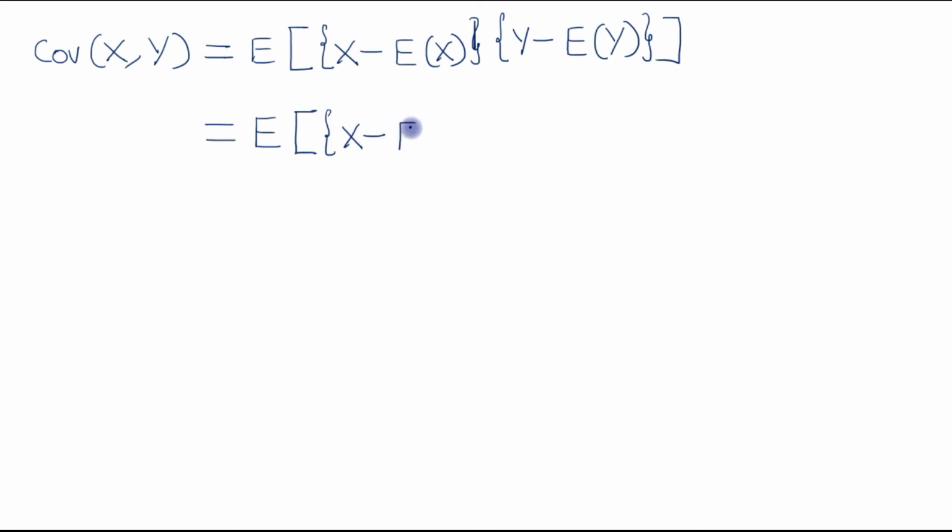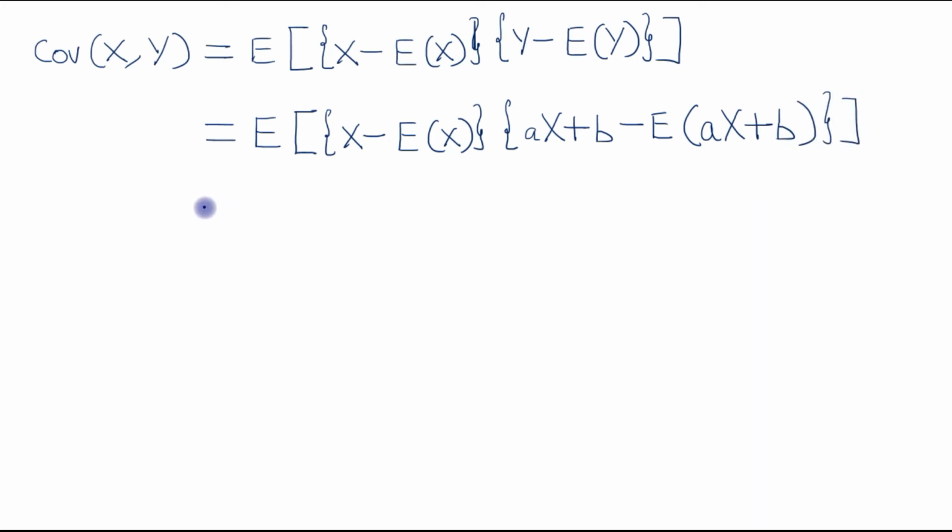This will be written as it is. And in the question we have given that y equals ax plus b, so we will write ax plus b minus expected value of ax plus b.